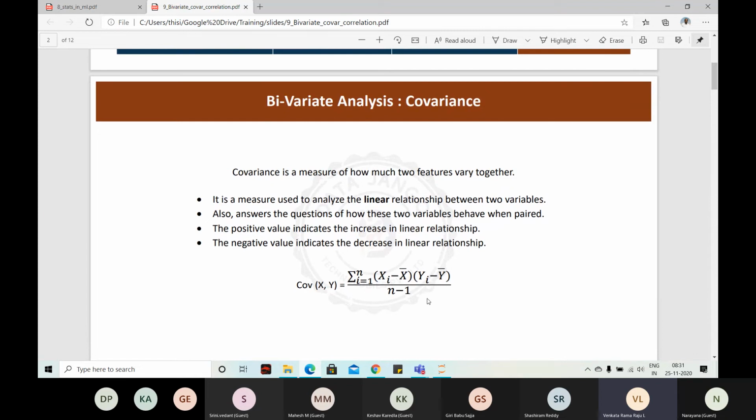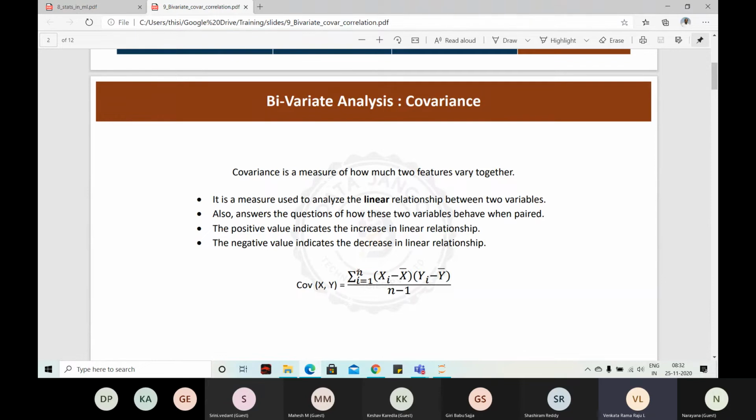We are going to use the covariance formula again in principal component analysis, one of the dimensionality reduction techniques. What is dimensionality reduction? If you have 10,000 columns, you want to reduce them to 100 columns without losing the essence of the data. It is not that you eliminate 9,900 columns. You extract information from the data and create 100 columns. That is what we call dimensionality reduction. There we'll use covariance again.